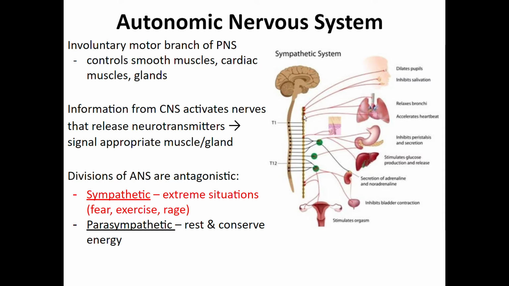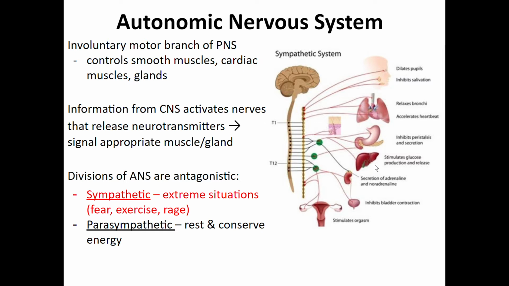It's basically just aligned ganglia. And then those send out projections to target organs to basically trigger that fight or flight response. So your eyes will dilate, your lungs will bring in more air, your heart will beat faster, and so on.